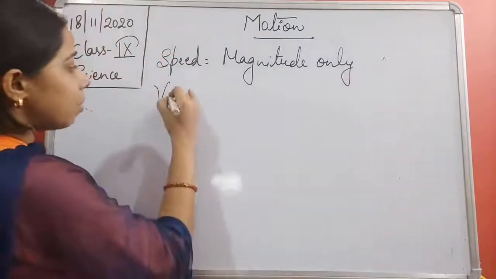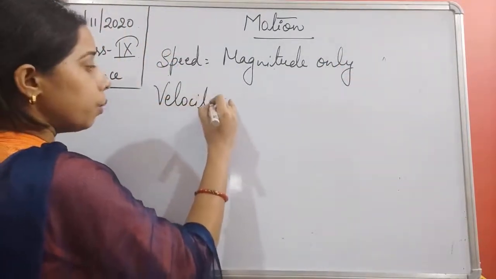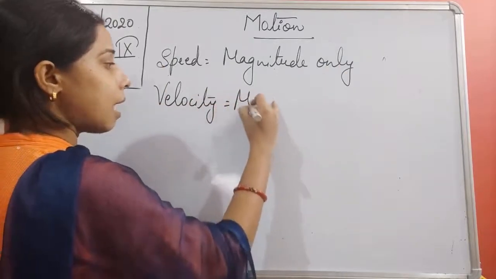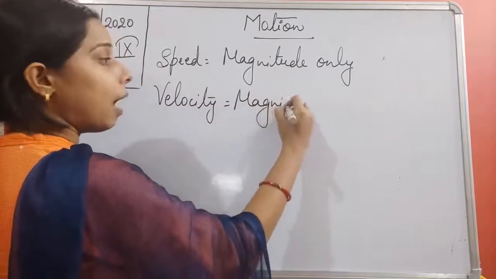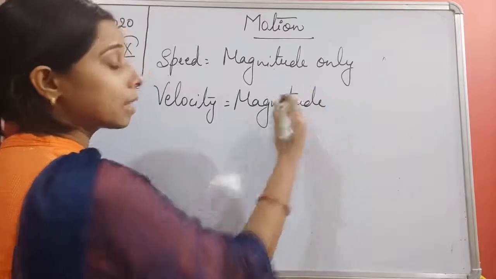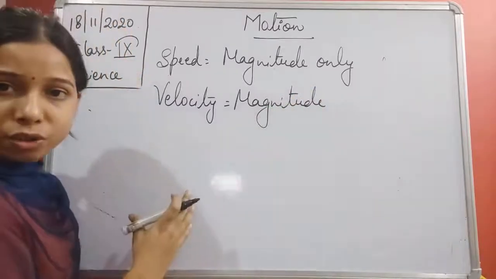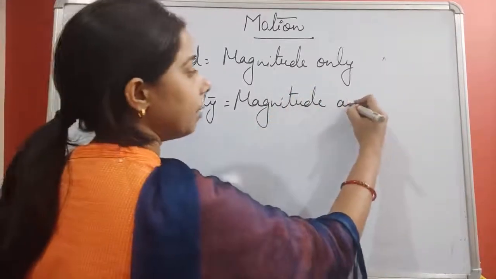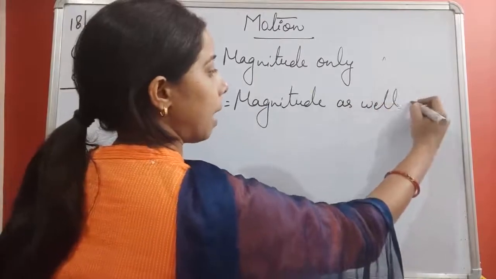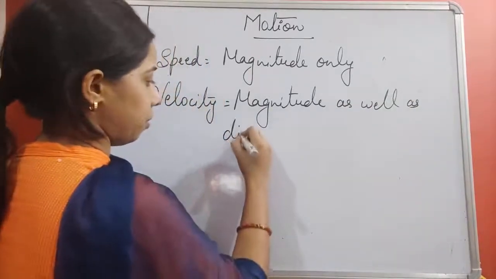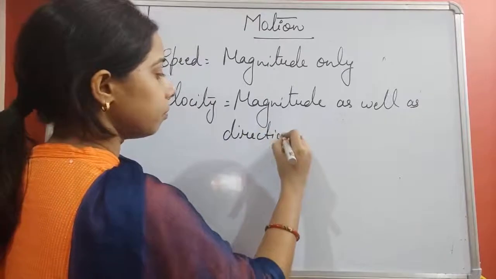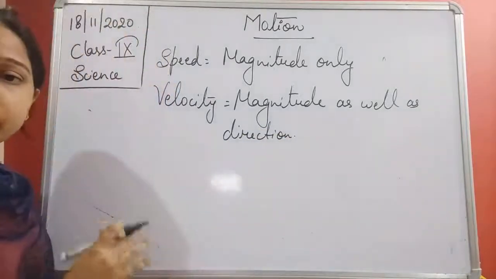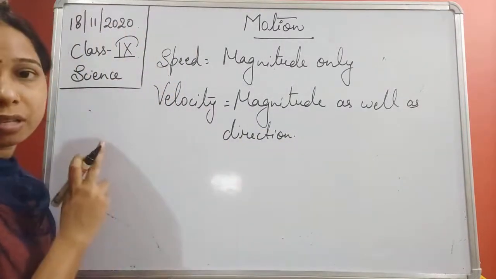While in case of velocity, we are saying that it has magnitude as well as it also explains the direction of the object. So magnitude as well as direction. Both of the things are there. Magnitude is there and direction is also there.